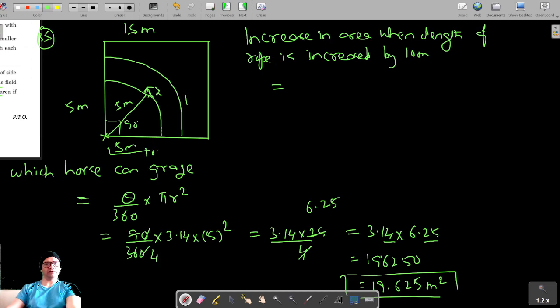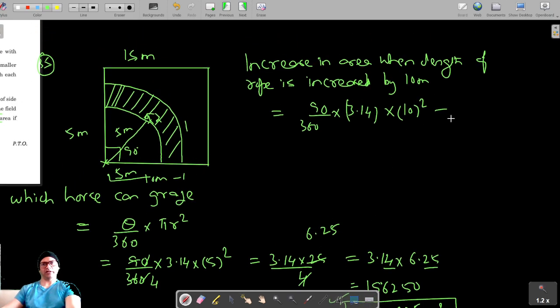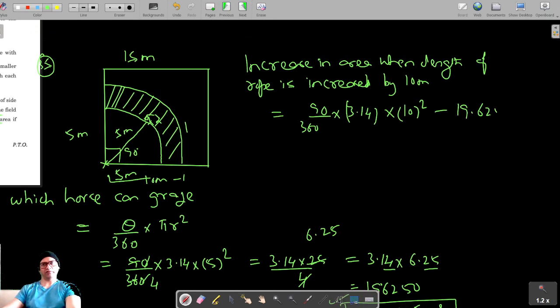So this is now the length of the rope, which is 10 meter, and this is the increase in area, which is the sector with radius 10 meter minus the sector with radius 5 meter. So this is 90 by 360 into 3.14 into radius is now 10 squared minus this is 19.625.